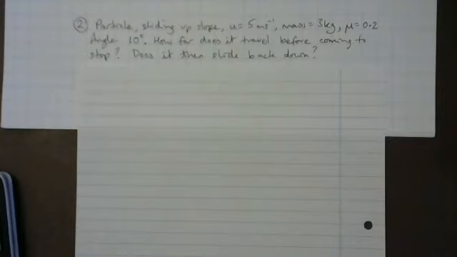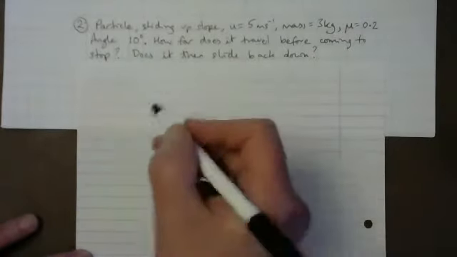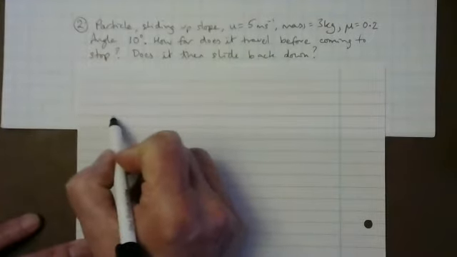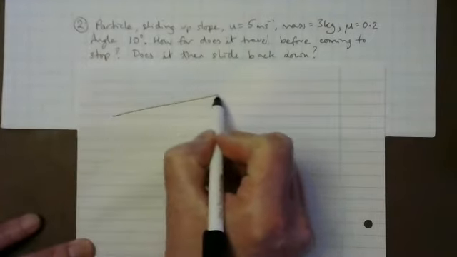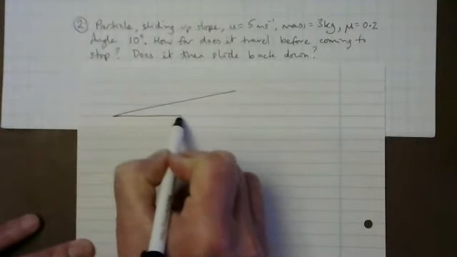The second one. To begin with, make sure you've done a decent sketch. As a particle sliding up a slope, we do a picture. The slope is very small. I can't really draw 10 degrees, it's too small, but as long as it's a small angle, I can clearly see.